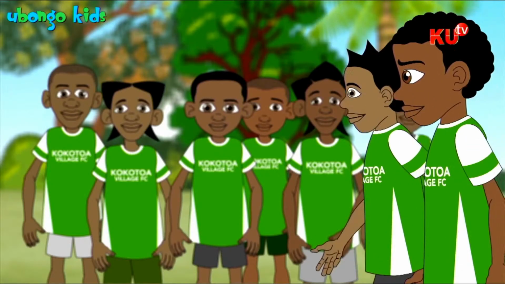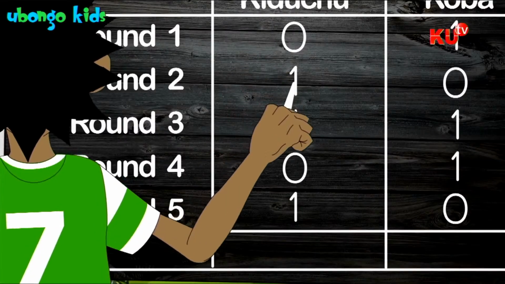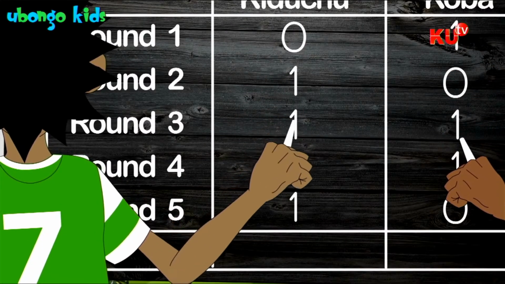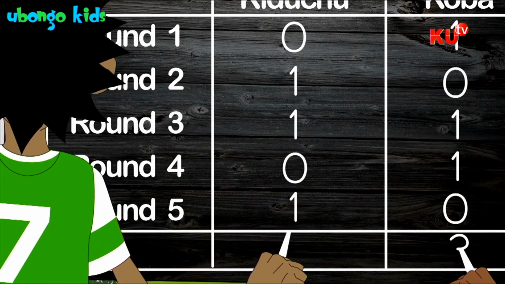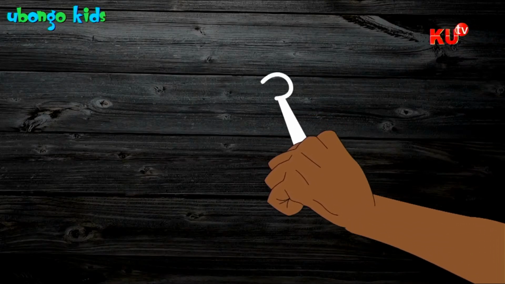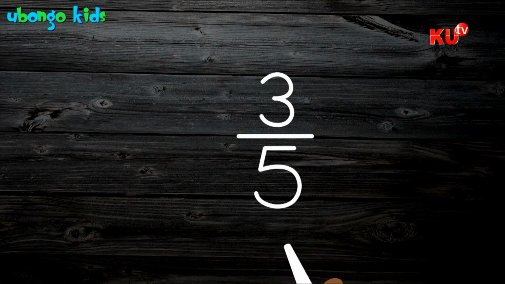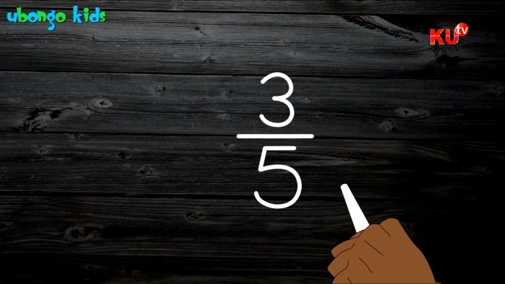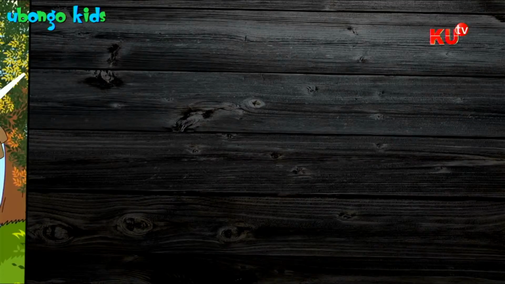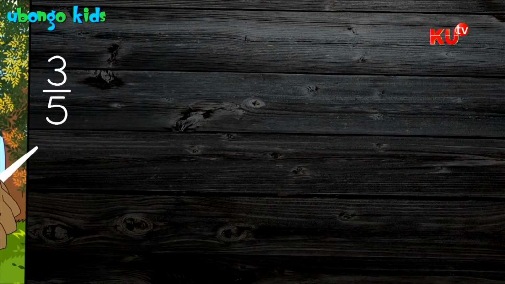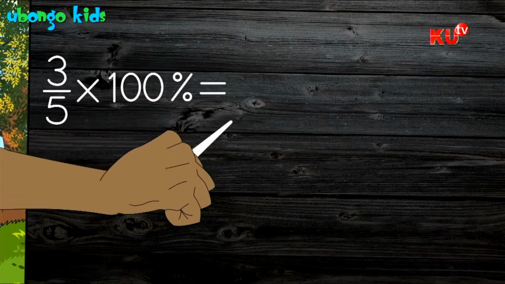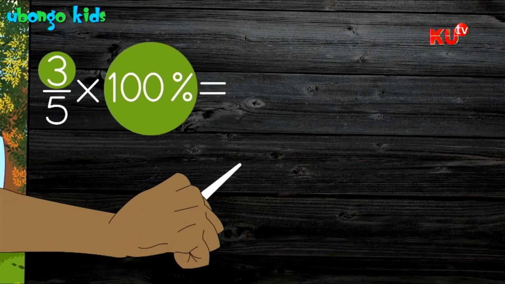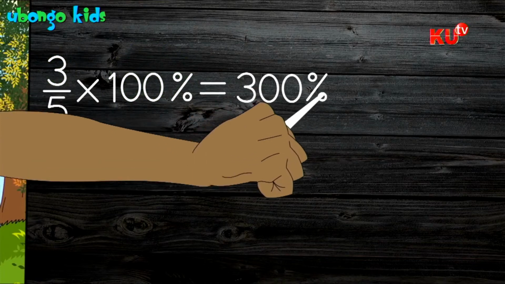Okay. 1 plus 1 plus 1 is 3. And I got 3 out of 5. 3 out of 5, 3/5. What's that as a percentage? So to get a percentage, I multiply by 100%. 3 times 100 is 300.